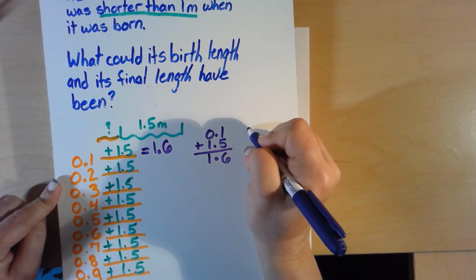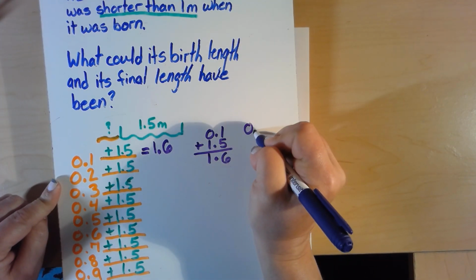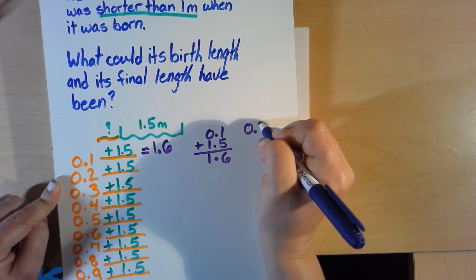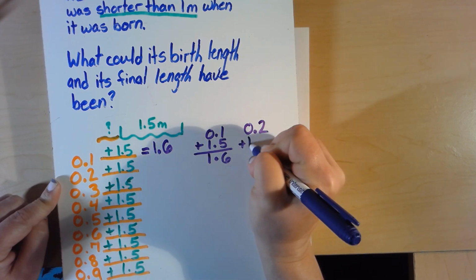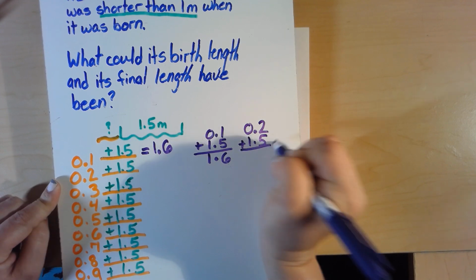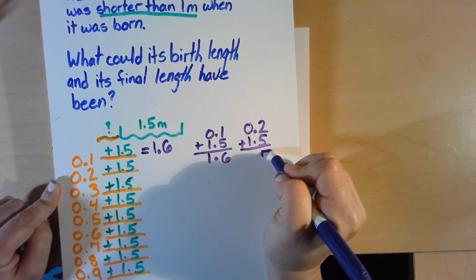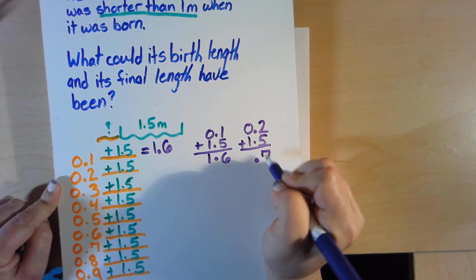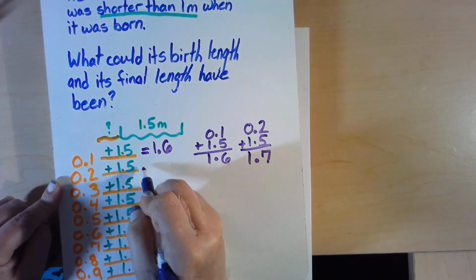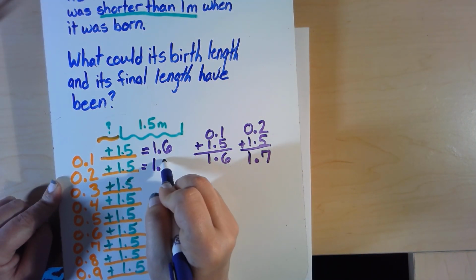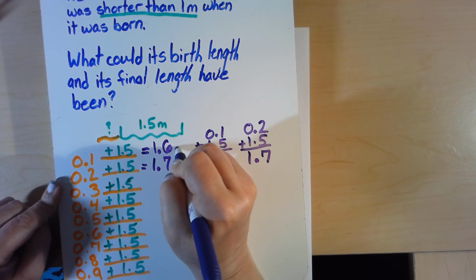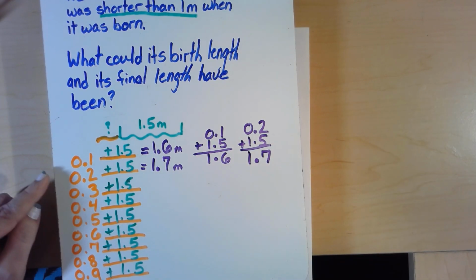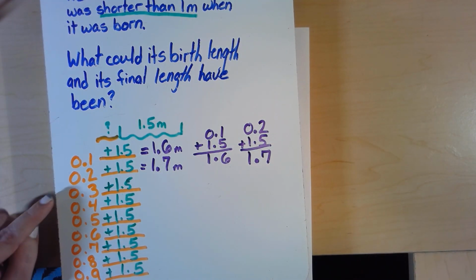Let's look at the next one. We're going to get a pattern going. 0.2 plus 1 and 5/10. 2 plus 5 is 7. Bring down the decimal point. 0 plus 1 equals 1.7. These are all meters. What do you notice?